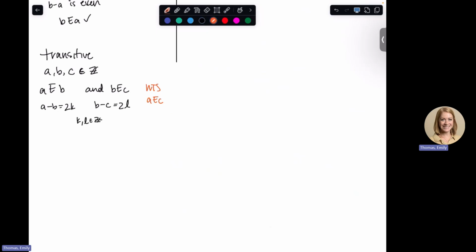What am I trying to show? That A minus C is even. So how do I get A minus C? If I do A minus B plus B minus C, I have 2k plus 2l. So A minus C is 2 times (k plus l). k plus l is in Z, so A minus C is even.